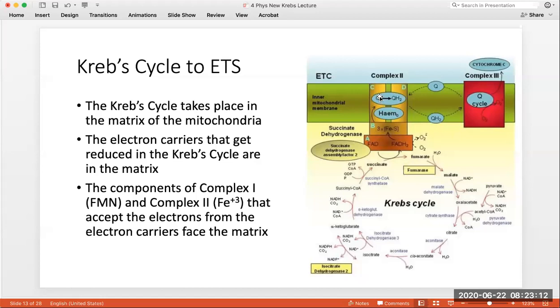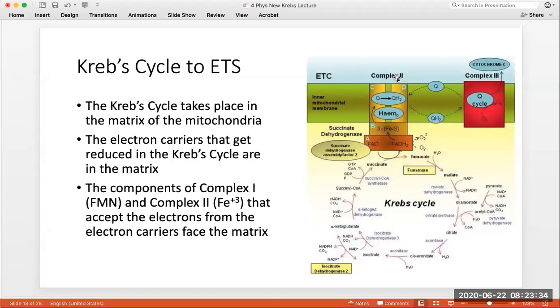That's then going to transfer the electrons to complex 3. The electrons that are being transferred from NADH plus H plus are going to get donated to one of the members of complex 1. Each of these complexes has a name based on basically the first enzyme involved in what's happening in that complex.